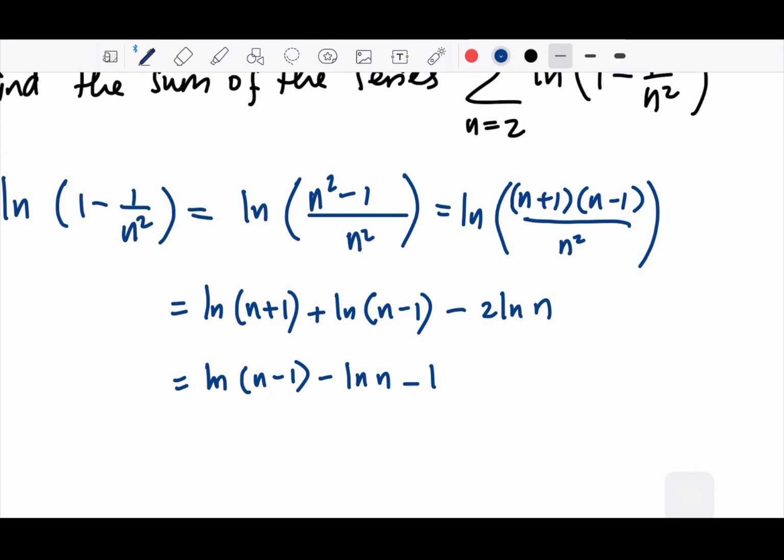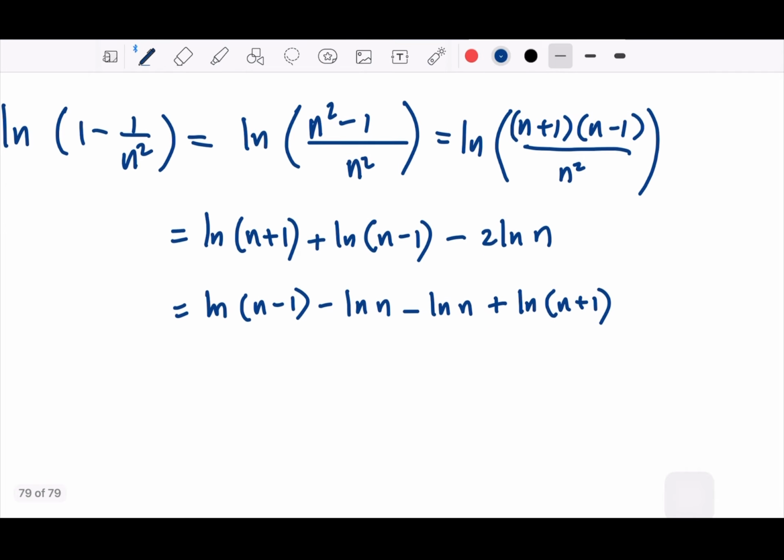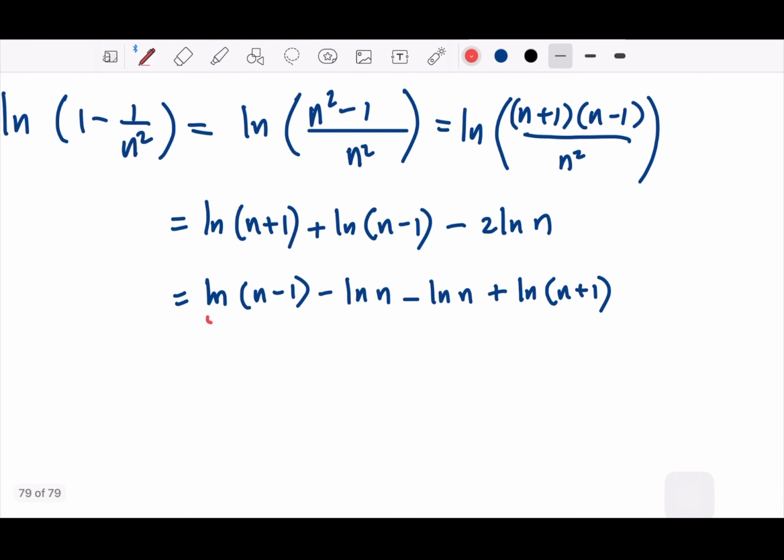And then minus ln n, and then plus ln n plus 1. Okay, the first part, this becomes ln. And this becomes minus, let me write in terms of minus.